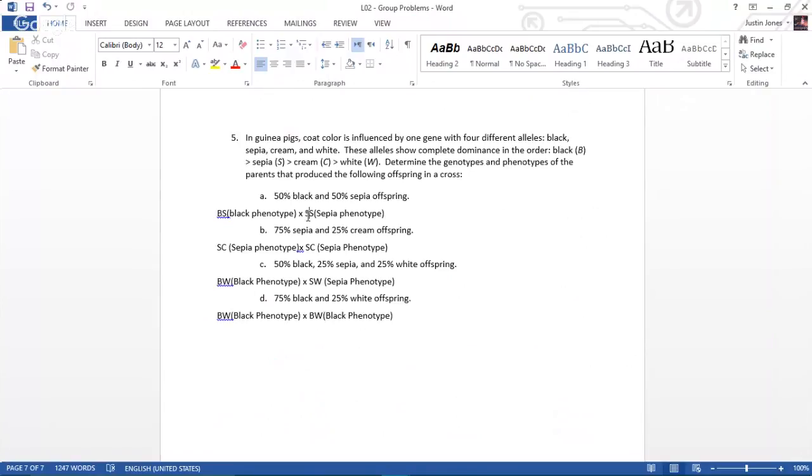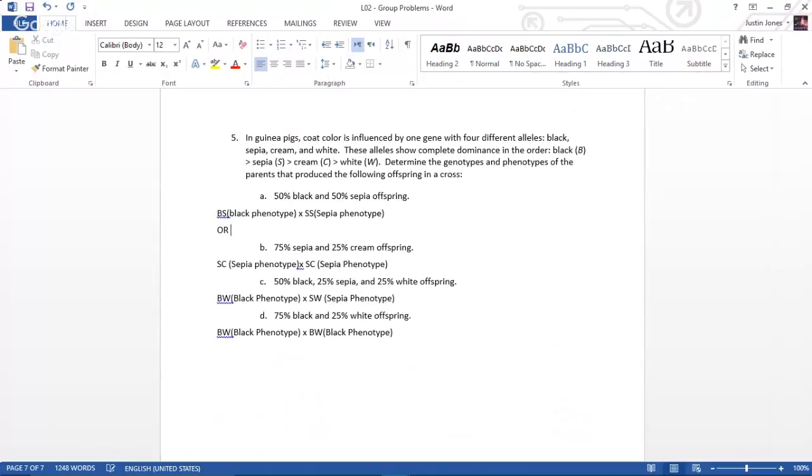Yeah, so you could actually have a few different ones. In fact, one I'm thinking of right now is you could also have BS, which is going to be black phenotype, and you could cross that by a CC or white. Because then no matter what, black is going to beat everything, but this S, that could beat either of those.